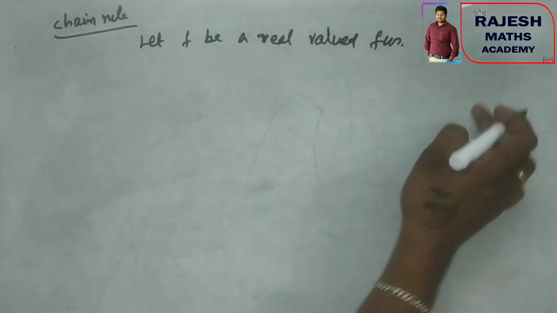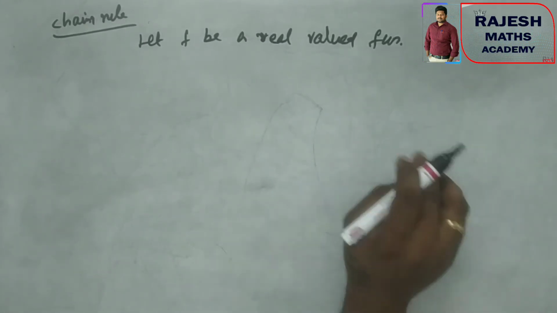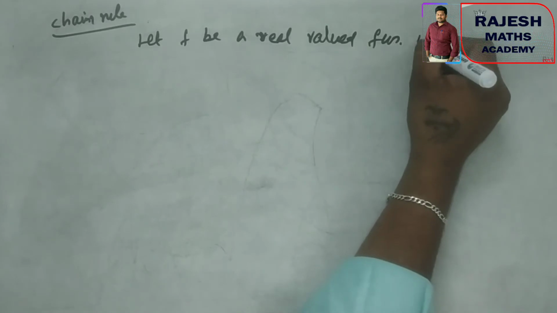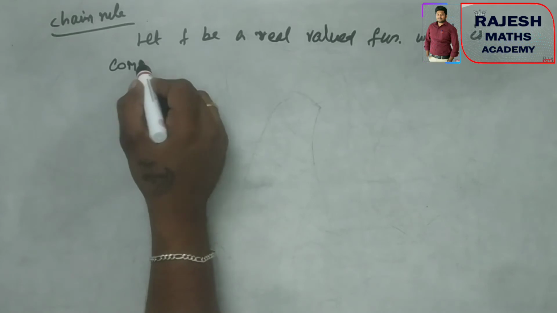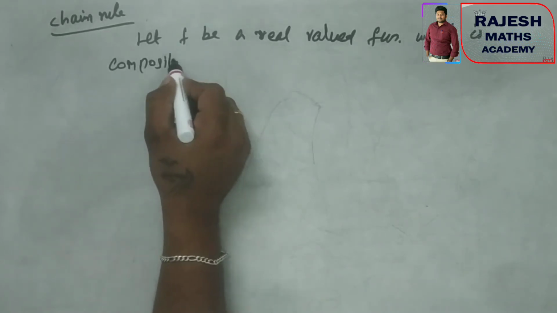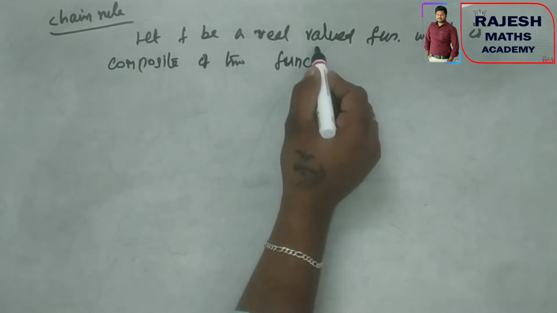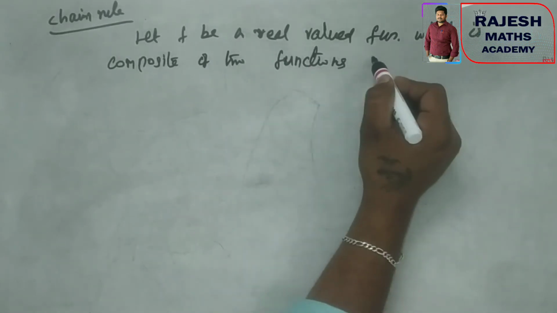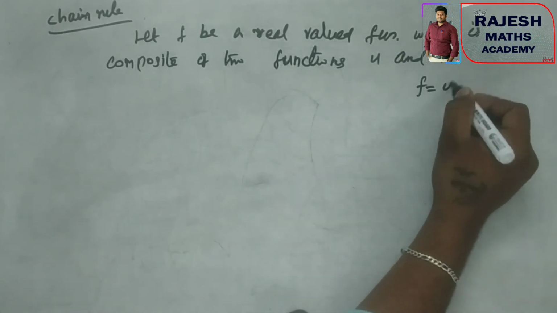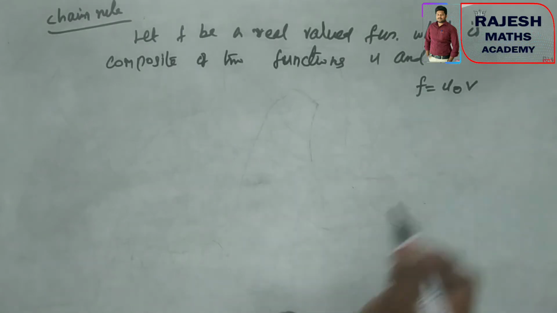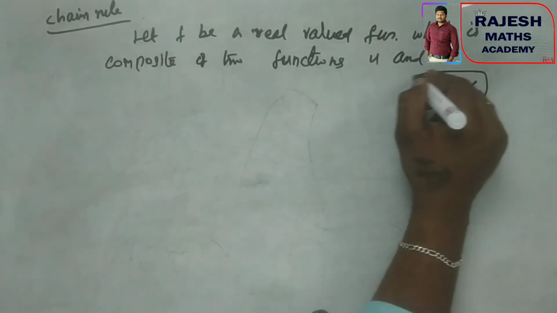A real valued function means one whose range must be a real number or a subset of the real numbers. Let f be a composite of two functions u and v, which means f equals u composition v. Clear? That is f equal to u composition v.